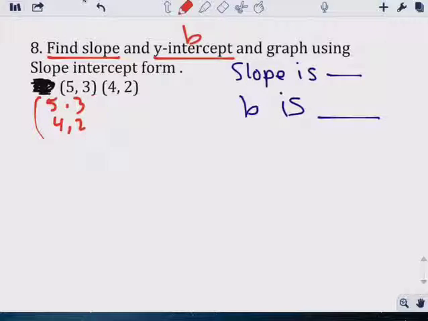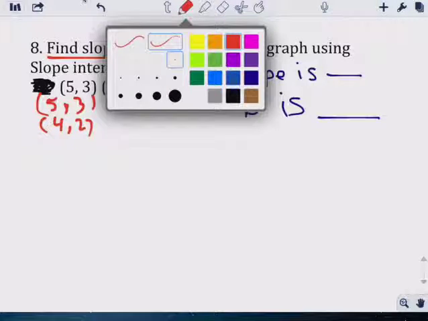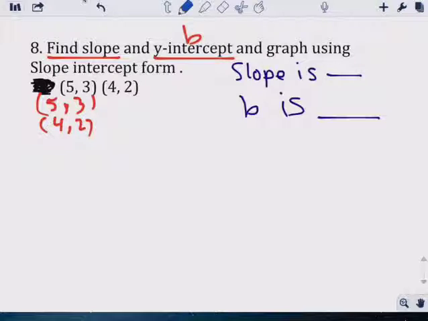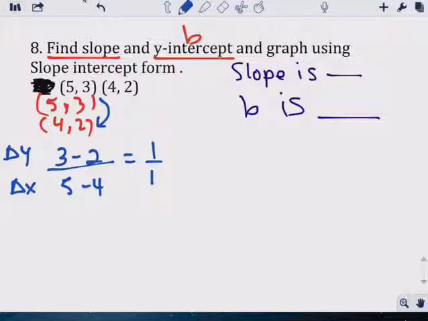Remember, it's the change in y, so 3 minus 2, over the change in x. So that's the change in y over the change in x. So it would be 5 minus 4. That gives you 1 over 1, or reduced to just 1. So your slope is just 1, or the rate of change is just 1.